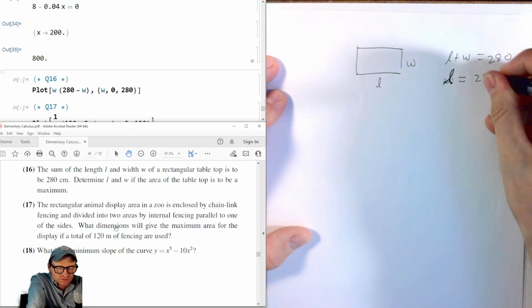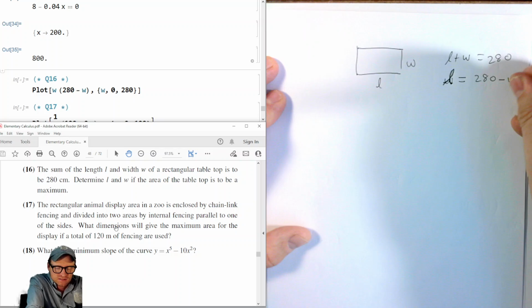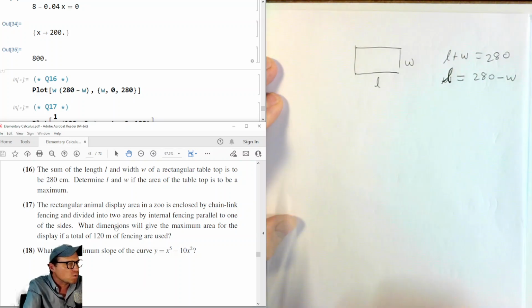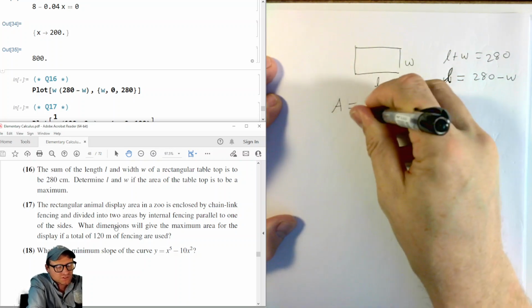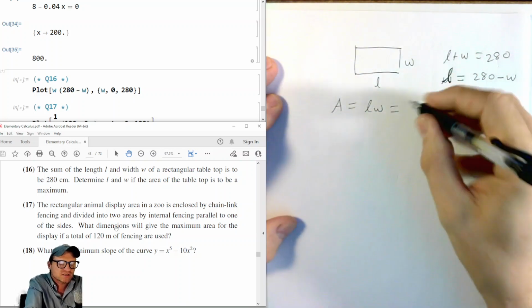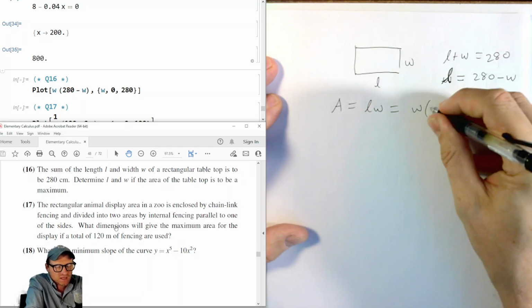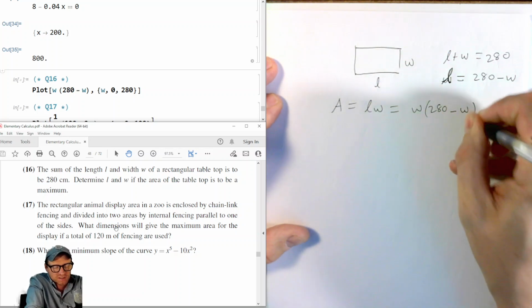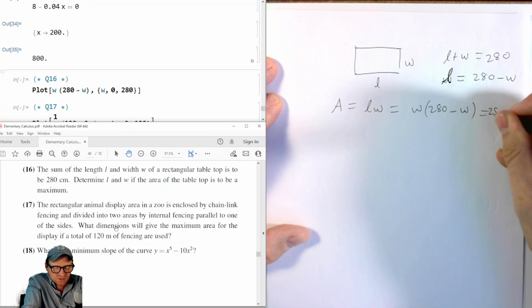So L is equal to 280 minus W. Now we're asked to find the maximum area. So A is equal to L times W, which is W times 280 minus W, which is 280W minus W squared.